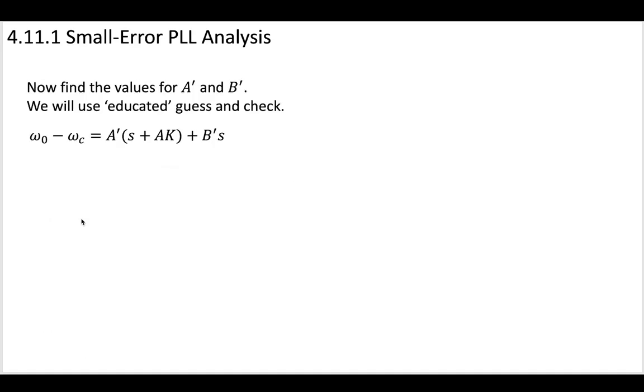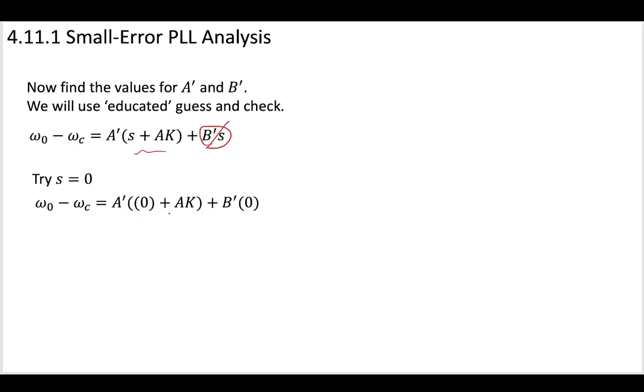So to find these, often we have one equation but two unknowns. So what we're going to do is make a so-called educated guess and check. First we're going to try s equals 0, because we can visually see that it's going to make this term go away, but this one's going to be left. So we should be able to solve for A prime this way.